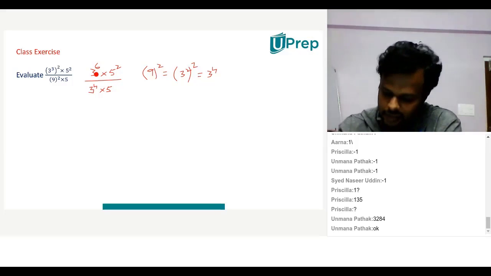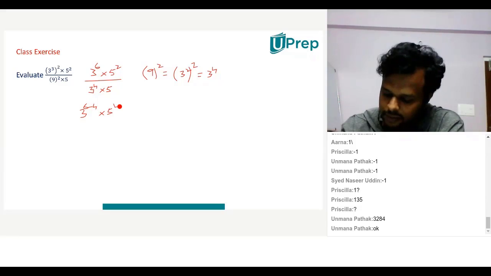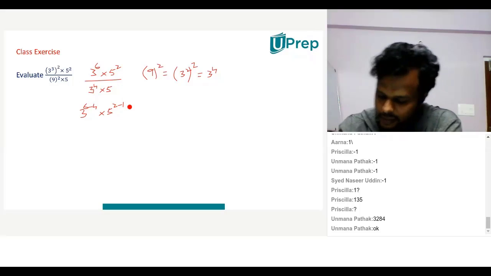Okay. Now 3 power 6 is here and 3 power 4 is here. So that means this becomes 3 power 6 minus 4 into 5 power 2 minus 1, because I have 1 here.